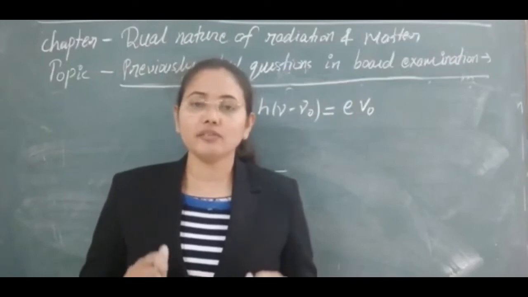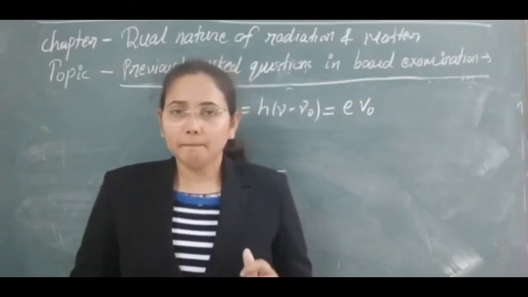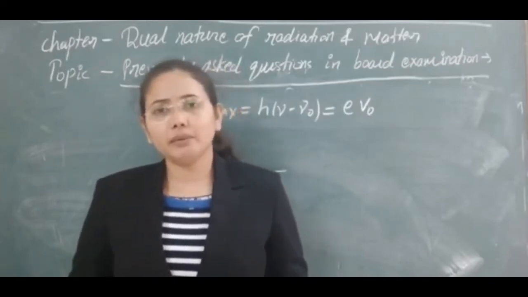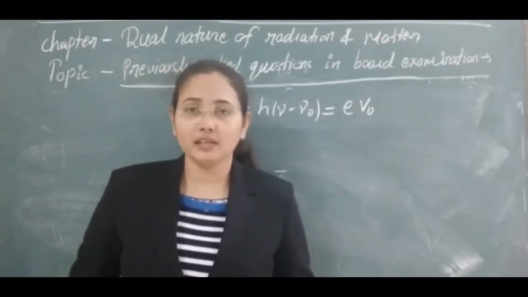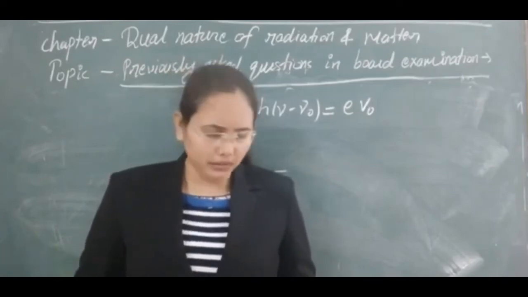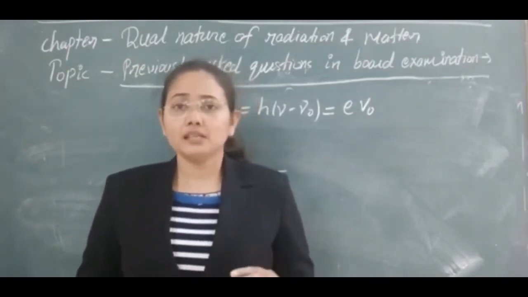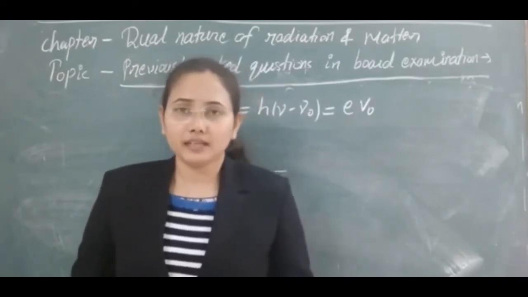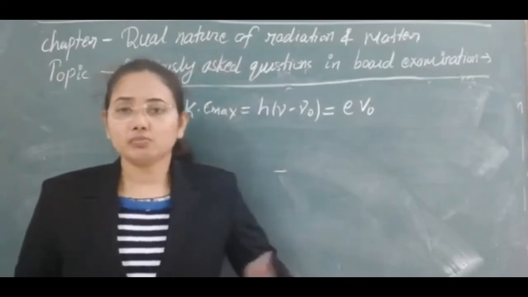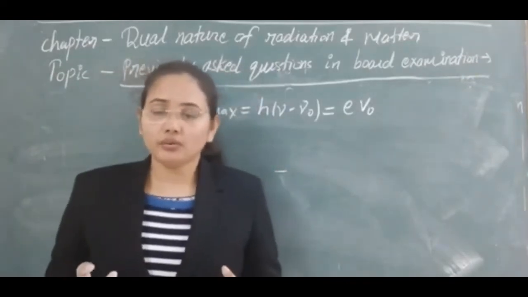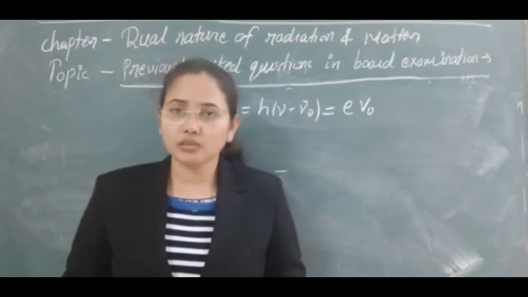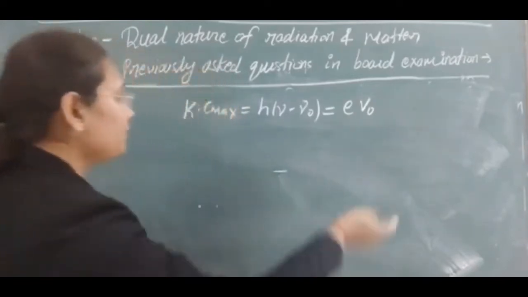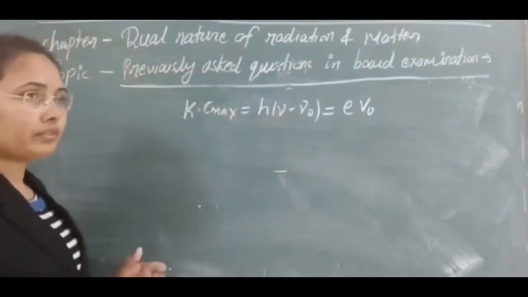In the case of the wave concept, the number of electrons ejected would be directly proportional to the frequency of radiation, meaning the greater the frequency, the greater the number of electrons ejected. We know from experimental results that this is not true. The number of photoelectrons is not proportional to the frequency, it is proportional to the intensity of radiation, and we can prove it easily.